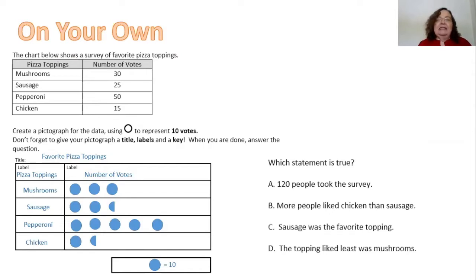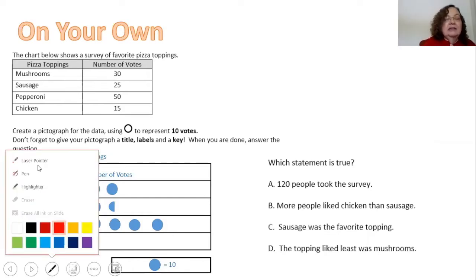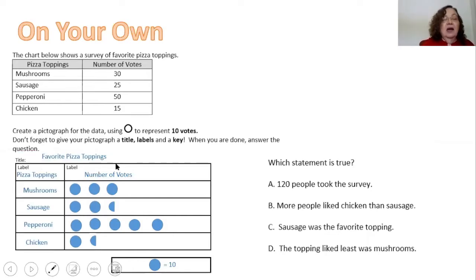Yesterday, we did our lesson using pictographs, and this was what you had to do on your own. You were making a pictograph of this, and you had to add things like the title. My title is favorite pizza toppings.